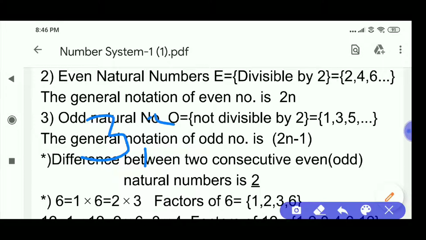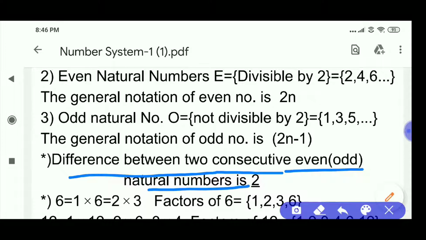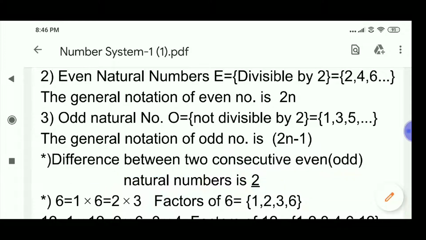Next odd number is 5. What is the difference between these two? Again 2. So, once again I am repeating, the difference between two consecutive even numbers or two consecutive odd numbers is 2. I already told you consecutive means side by side.